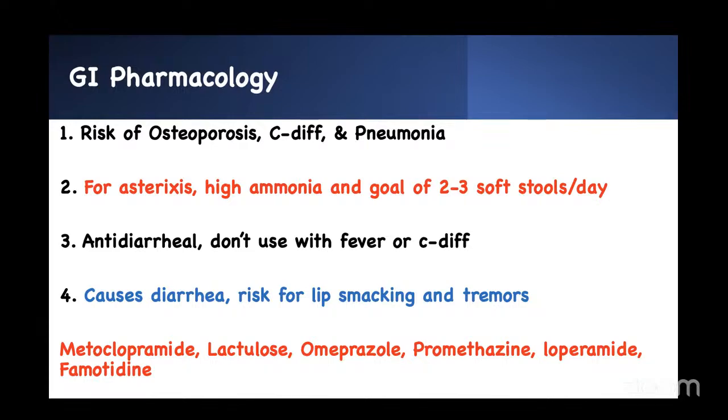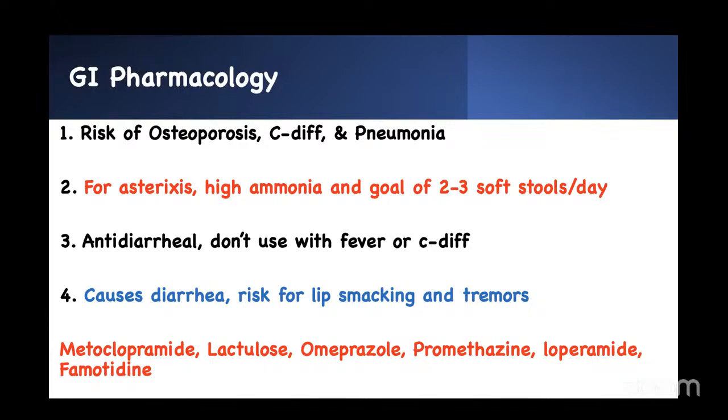GI pharmacology in the most friendly way. This is the way the NCLEX takes this information and puts it in the question. I took the question out not to intimidate you, but to show that this is what the question is asking you. Which medication causes diarrhea and there is a risk of lip smacking or tremor?